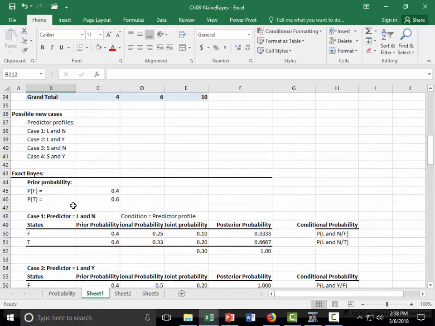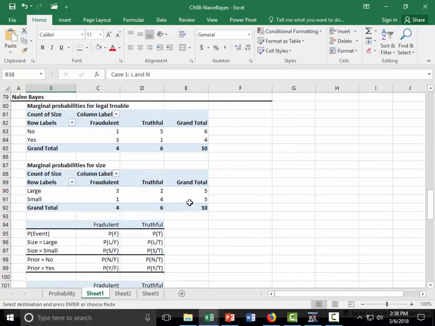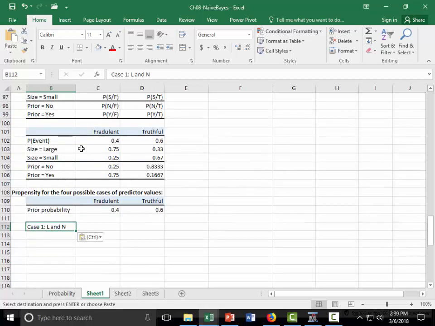Then we get case 1. Suppose our case is L and N. So now using the naive method, how are we going to calculate the posterior probabilities so we can make a classification? Now instead of looking at L and N given F and L and N given T, we're going to use these probabilities here. Okay.